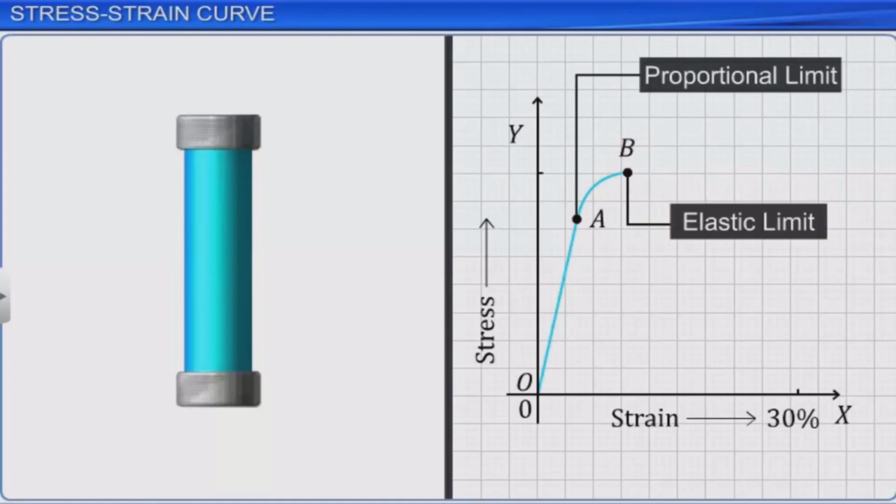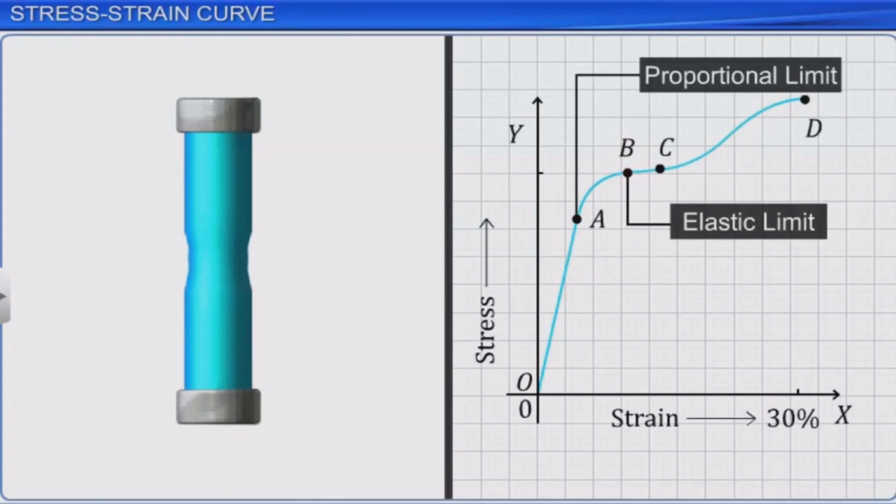the load is removed. Beyond the elastic limit B, the strain increases at a faster rate than stress, shown on the graph between points B and D. Even if the load is removed, the substance does not completely regain its original size. The deformation is now called plastic deformation.